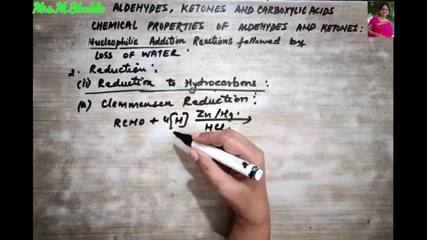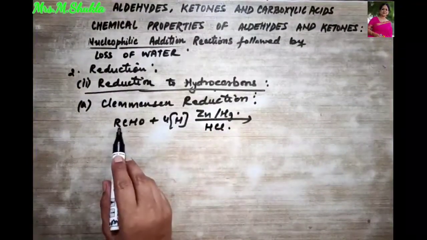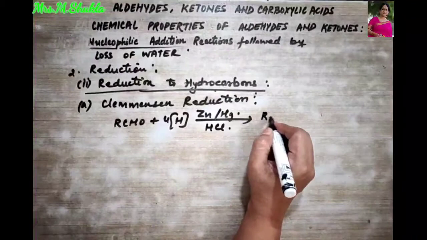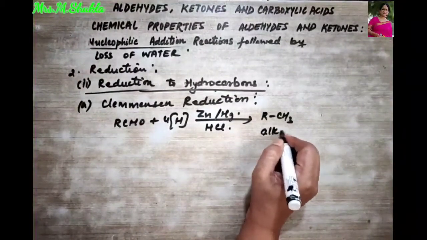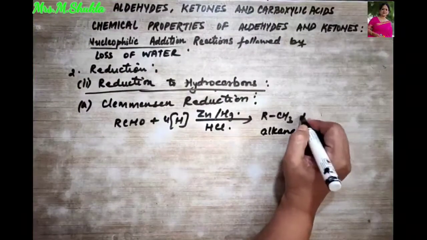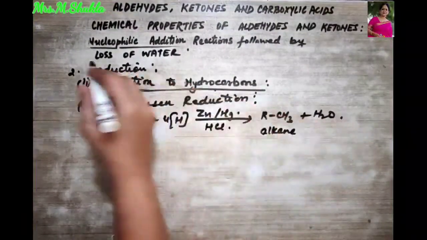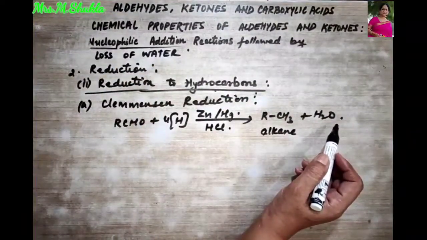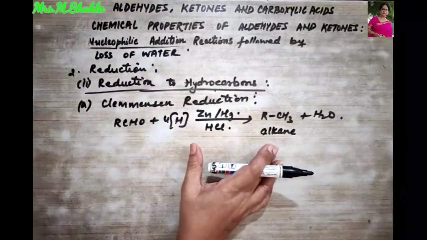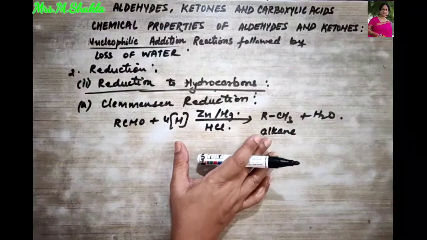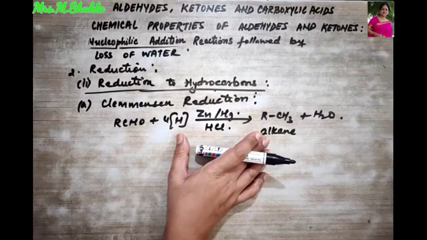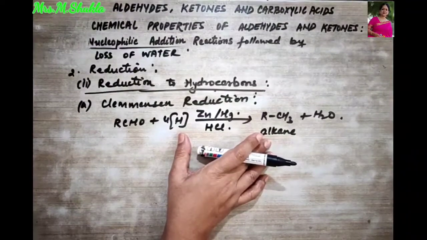Which hydrocarbon is it going to give us? It is going to give us an alkane, that is RCH3, and water will be given out. So this reduction is commonly used for aldehydes or ketones which are sensitive to alkalis.